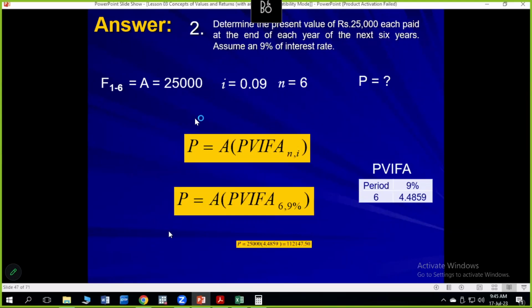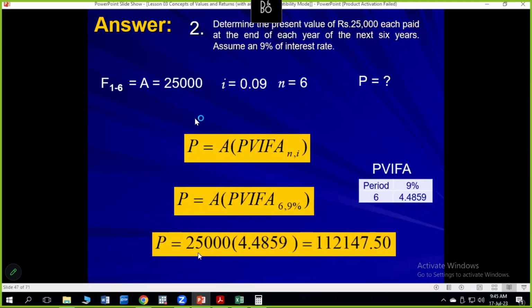So you substitute 20,000 for A and this value, and check: 1 lakh 12,147.58, or you can write 12,148. 1 lakh 12,148 may be the answer.